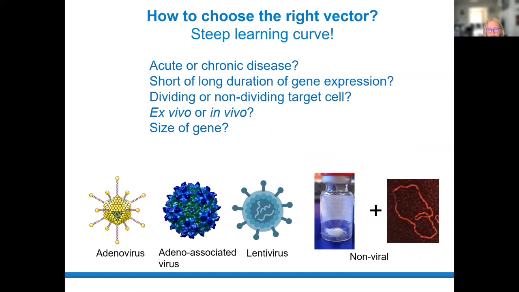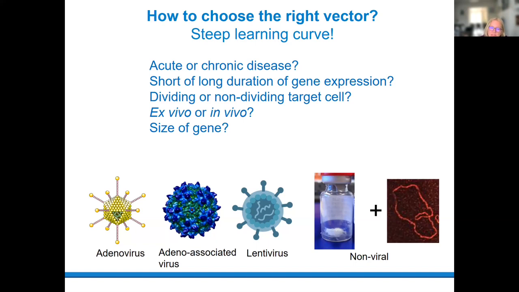But now we are in a much better position to understand what is the best vector for an acute disease or for a chronic, lifelong genetic disease. We can choose if we want gene therapy agents that give us a very long duration of gene expression, which is important for chronic, lifelong diseases such as cystic fibrosis.